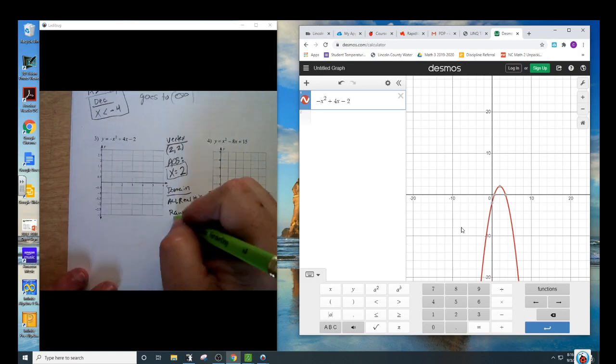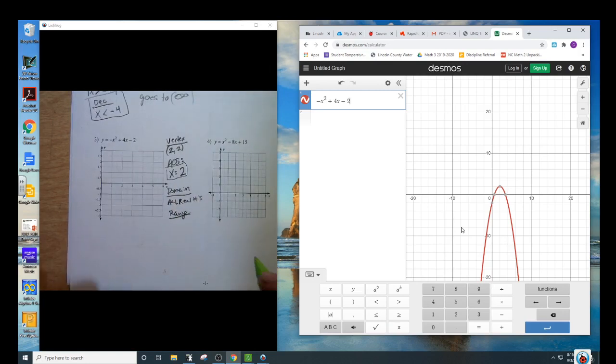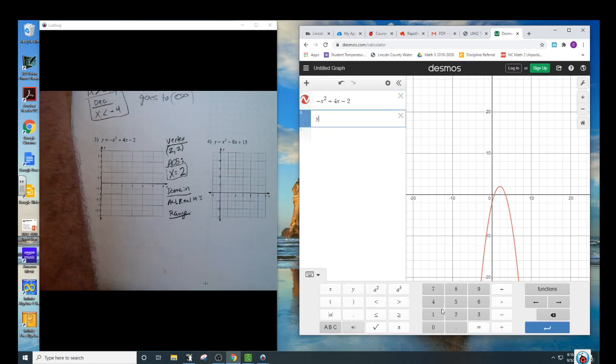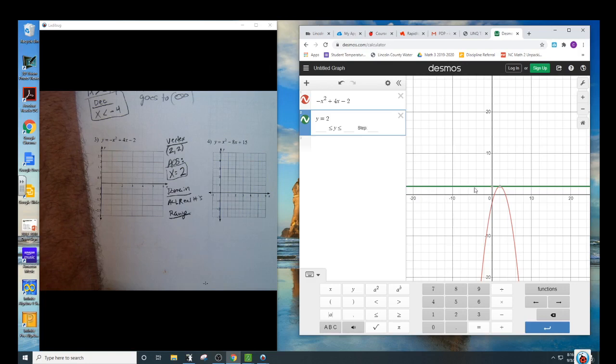Okay, range. Range is going to be a little different this time because, guys, notice my vertex was 2, 2. This thing comes up and then it goes back down. So if you think about it, if you type in y equals 2 here, that'll give us our line. Notice this parabola doesn't cover anything greater than 2 as far as the y value goes.